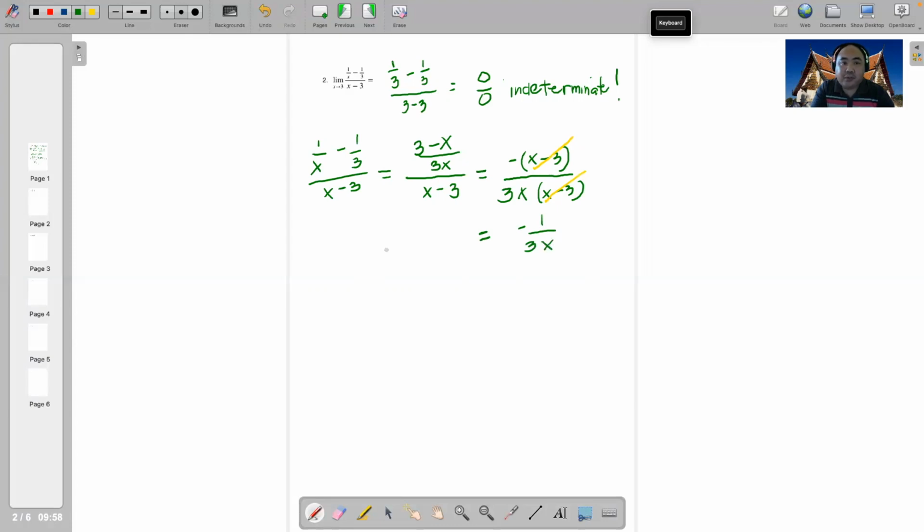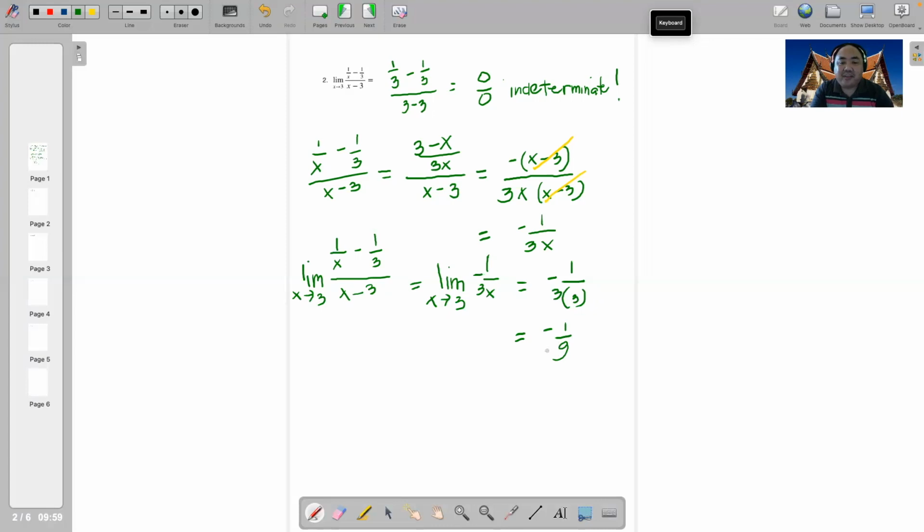3x. Oh, so sir, this means that the limit of the original function, which was complicated, all over x minus 3 as x approaches 3, is equal to the limit of an equivalent function, which is much simpler this time, negative 1 all over 3x as x approaches 3, which gives us conveniently negative 1 over 3 times 3, which is negative 1/9.